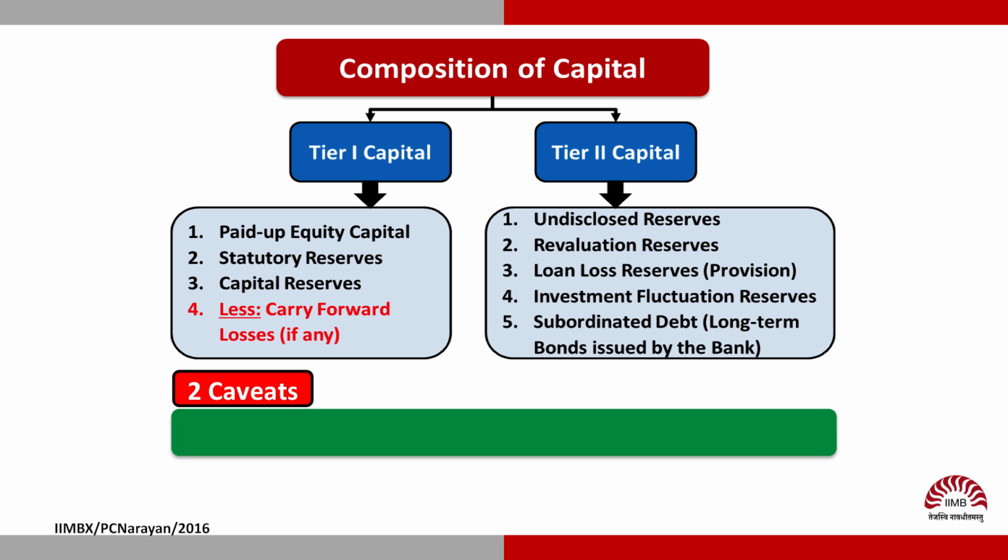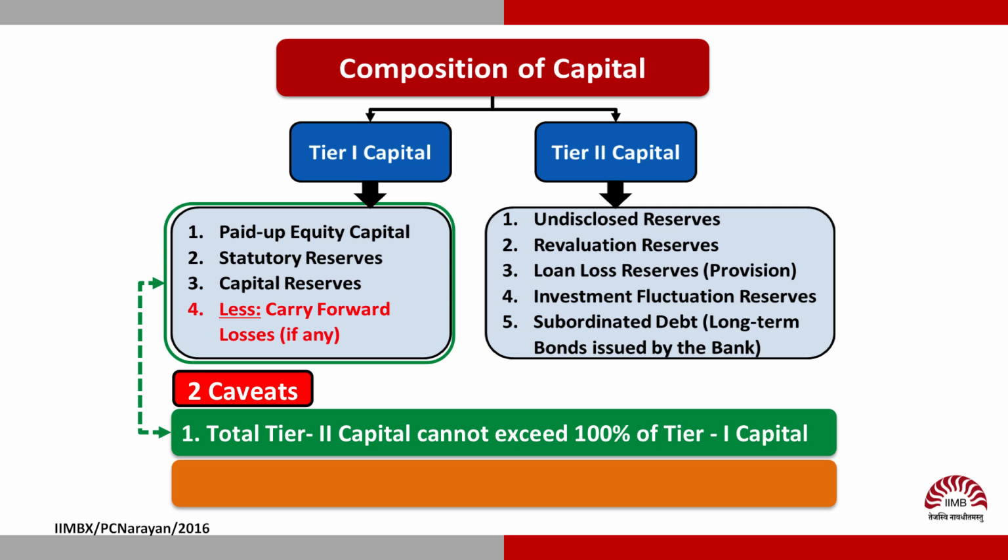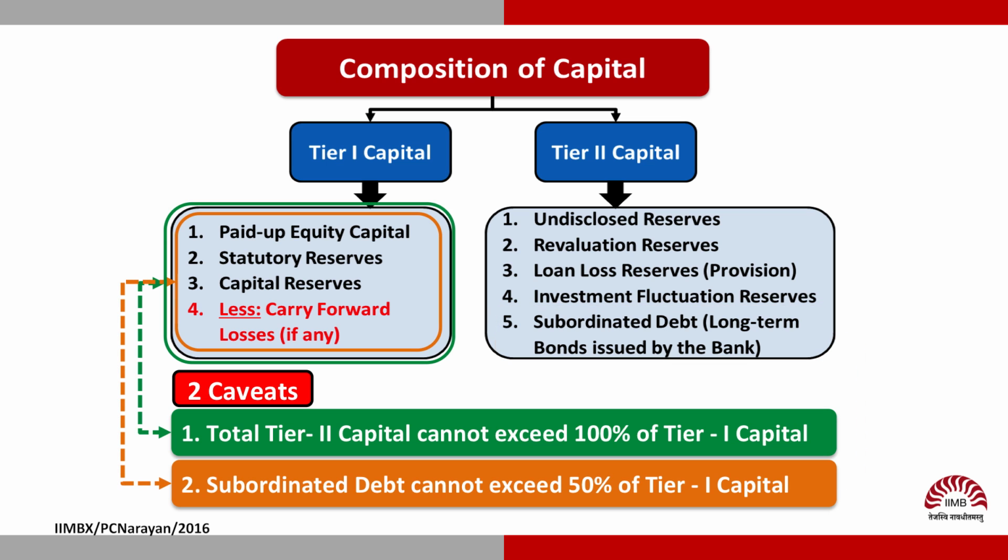Number 1, total Tier 2 capital cannot be greater than 100% of Tier 1 capital. And 2, subordinated debt cannot exceed 50% of the Tier 1 capital. Again, these caveats could vary from country to country.